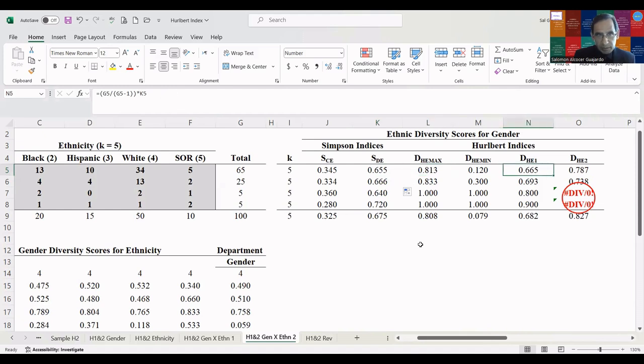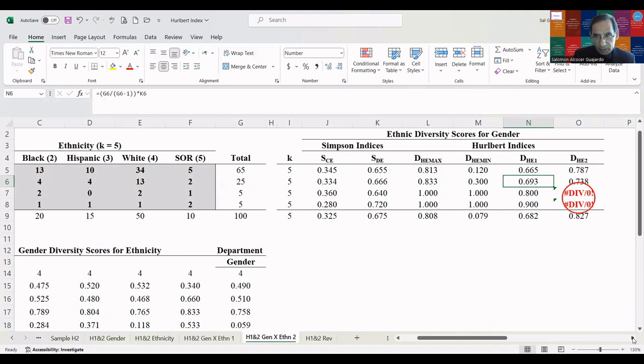So then when I multiply 65 minus 1 times the Simpson diversity score of 0.655, I get a Hurlbert score of 0.665.